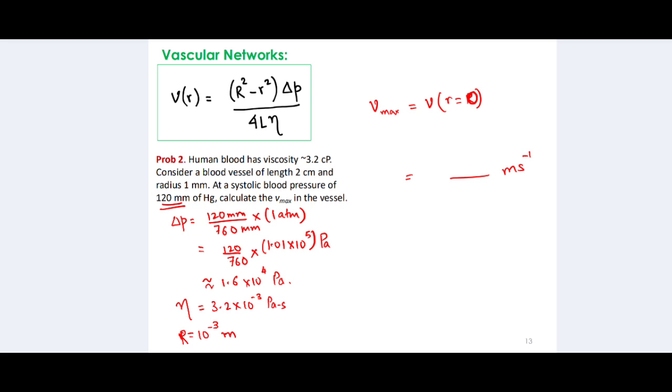And my eta is 3.2 into 10 to the power what? Minus 3 pascal second, right? And R equal to 10 to the power minus 3.